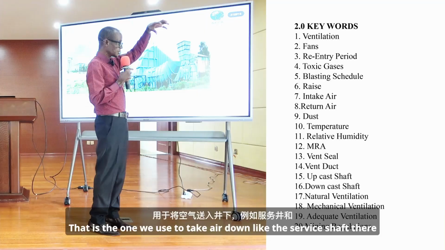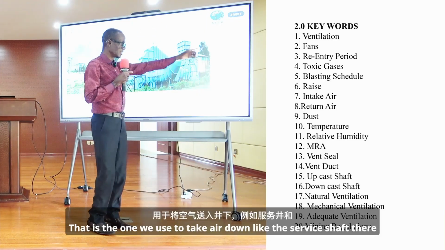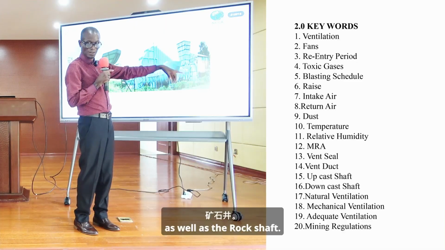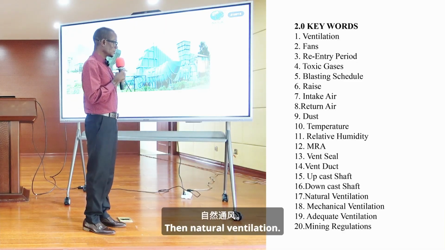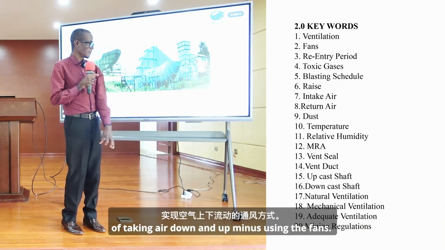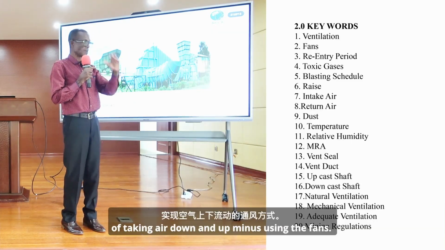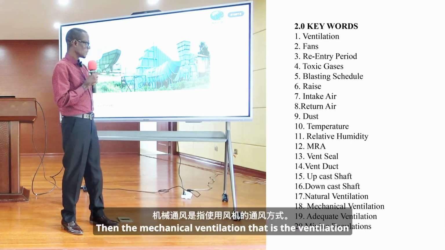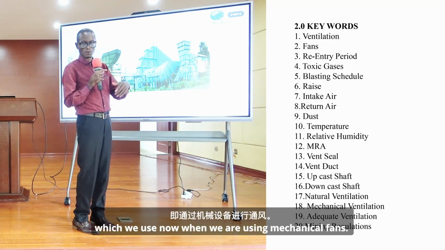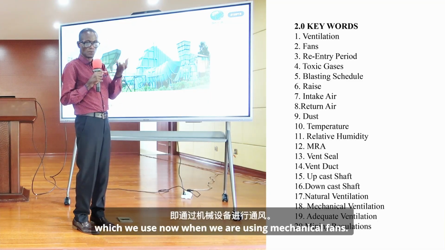That is the one we use to take air down, like the service shaft as well as the rock shaft. Then natural ventilation. Natural ventilation is the system of taking air down and up without using fans. Then mechanical ventilation, that is the ventilation we use now when we are using mechanical fans.